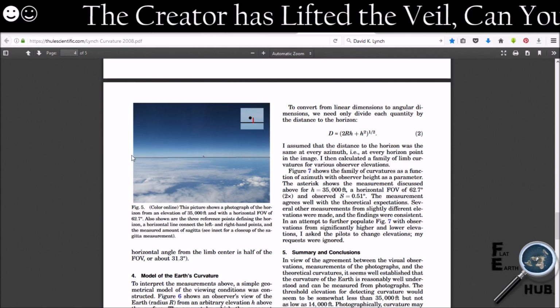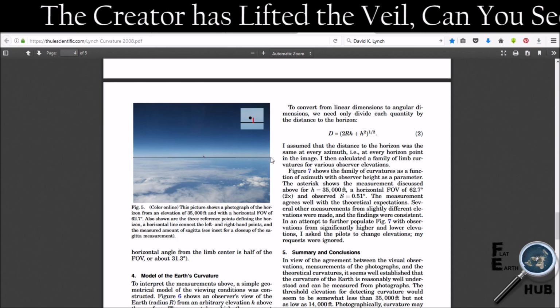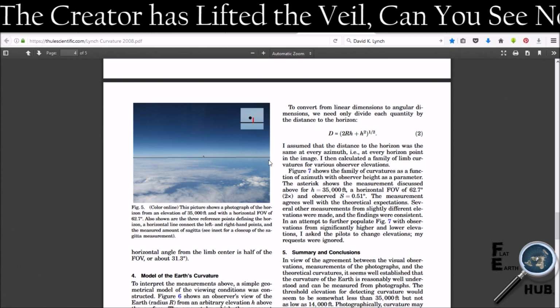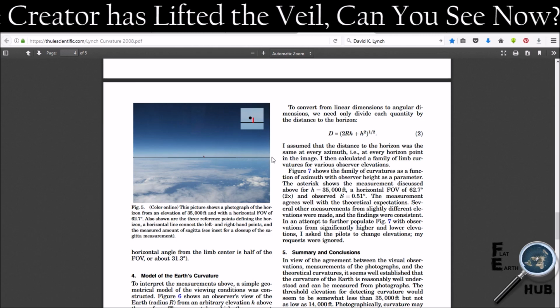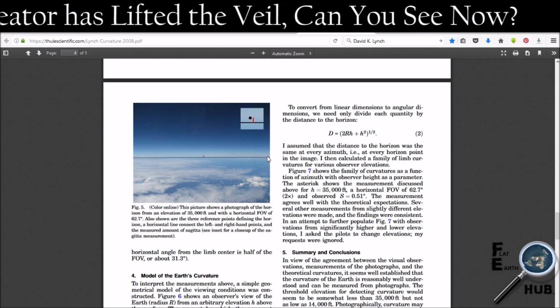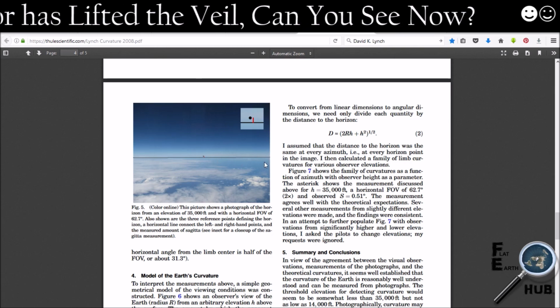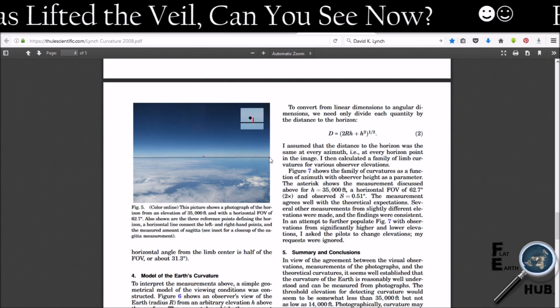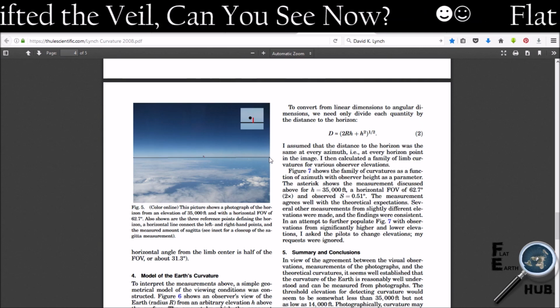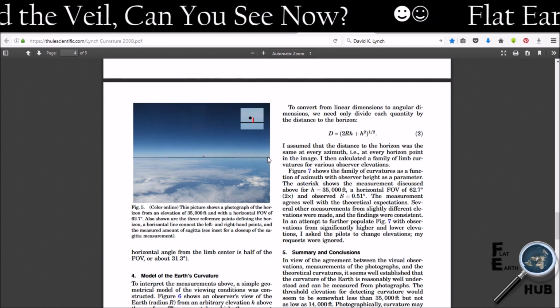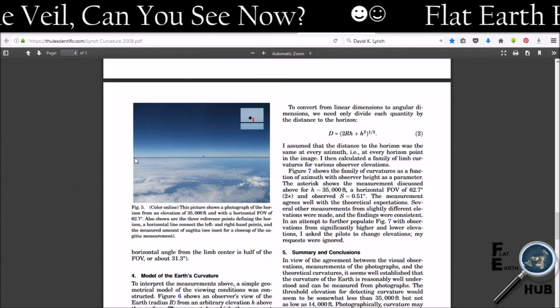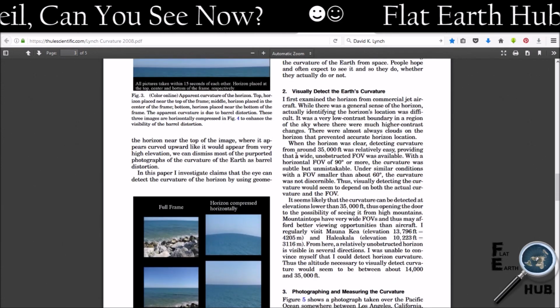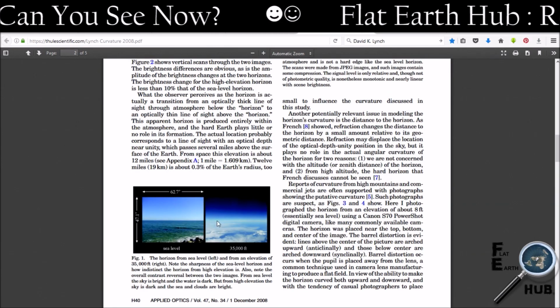Again, where I wanted to go, and we'll discuss this tonight in the stream in detail, but I'm just going to quickly browse over this picture, is that he's going to try to prove curve in this paper by taking a high altitude shot, around 35,000 feet, and then using Photoshop or a similar program to draw a line across it. And remember he was saying up here that there is no sharp horizon at that altitude.